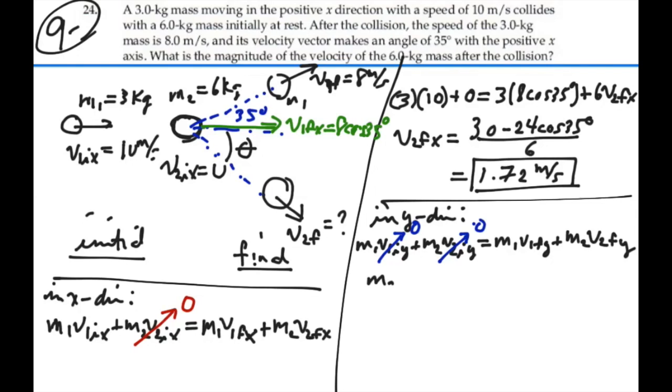mass 2, v2 final in the y direction is going to equal a negative mass 1, v1 final in the y direction. That'll be a negative mass 1. Now v1 final in the y direction is 8 times the sine of 35 degrees.